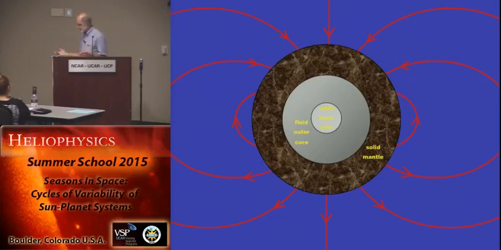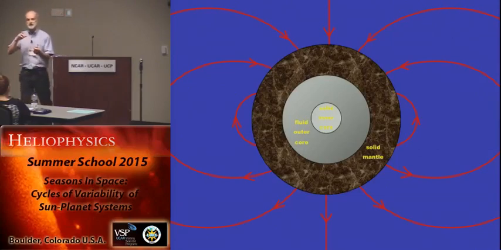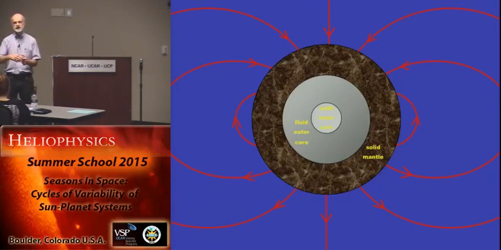And that's what's needed to generate magnetic field. It's basically the kinetic energy of this motion. First you have gravitational potential energy changing to kinetic energy then changing to magnetic energy by distorting the existing magnetic field.